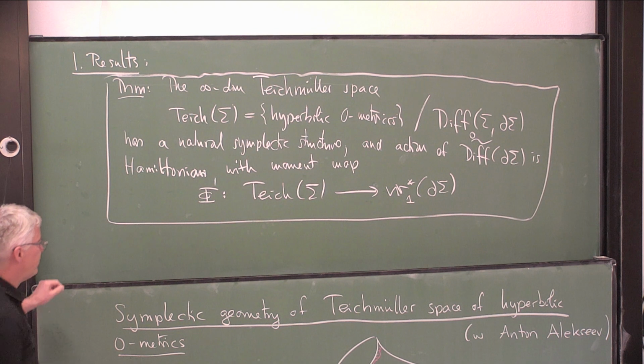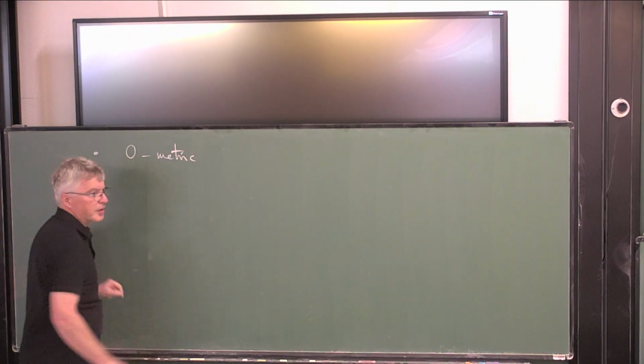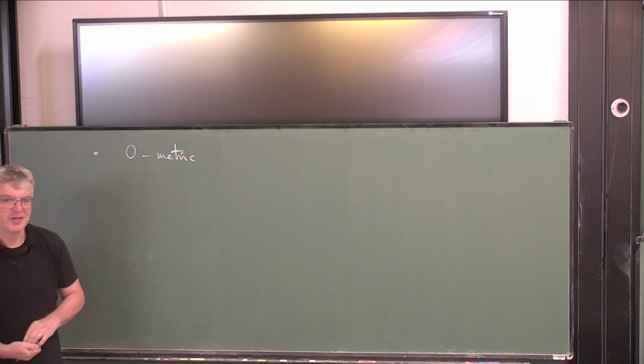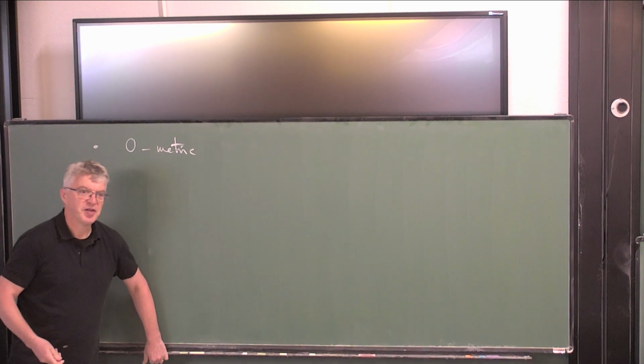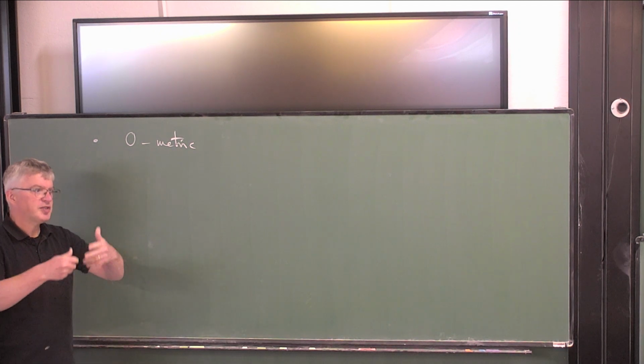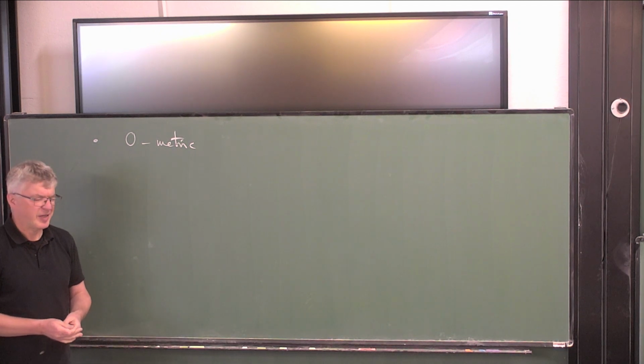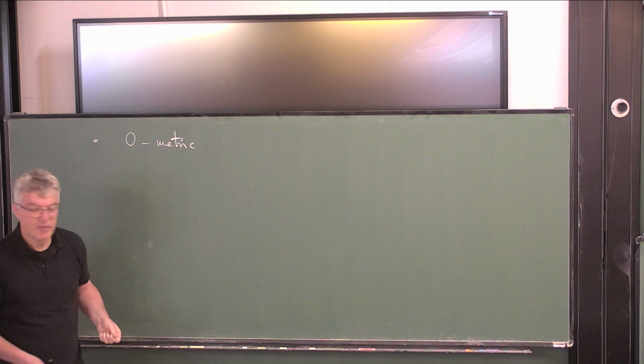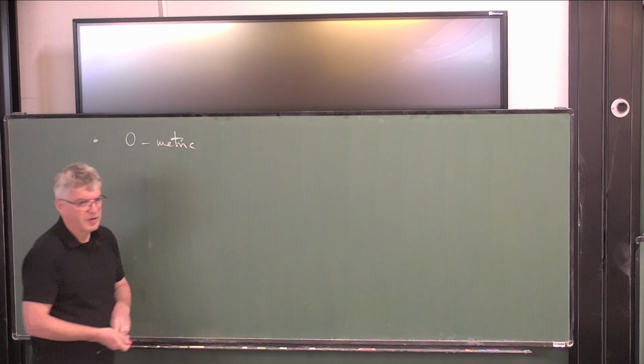To explain a little bit, what is a zero metric? It was briefly mentioned in Teschner's talk. A zero metric is a metric which near the boundary looks like the metric on the upper half plane, if it's hyperbolic.